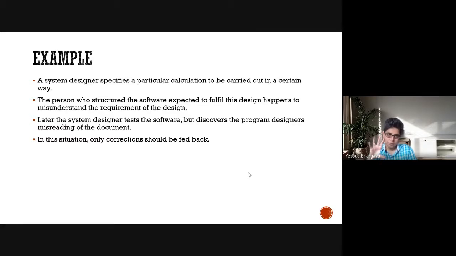Because the software was made after the system designer specified, and then the person who structured it came into the picture, after the software was created, the system designer finds out when he or she is testing the software that there has been some problem in the way the document has been read by the program designer, as a result of which the software is not behaving in the expected manner.